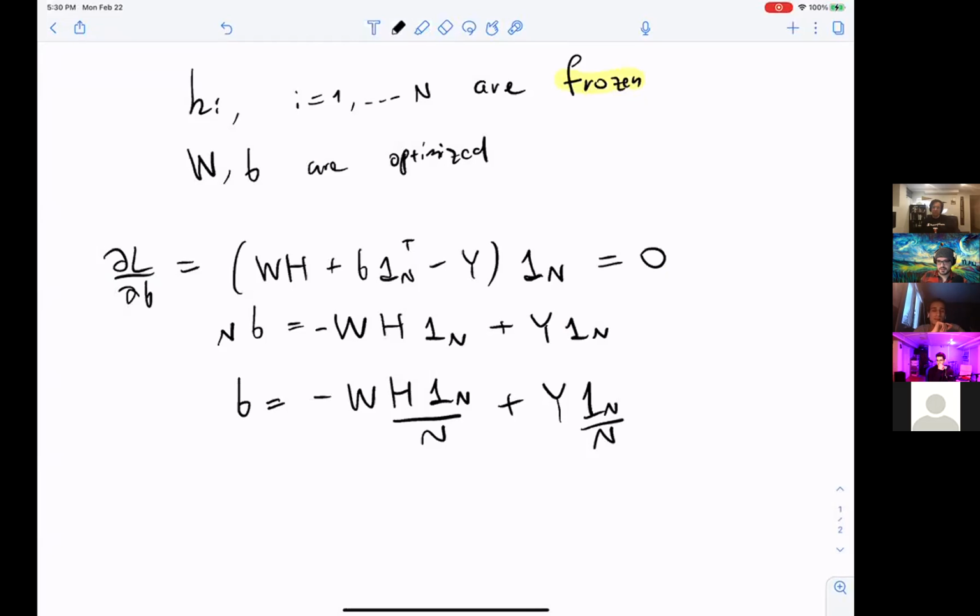A quantity that has appeared just a few minutes ago. Yeah, so the mean of the features appears here. Notice that if you do H multiplied by a ones vector divided by n, it's basically equal to the average over i of h_i, right? And here, when we do Y multiplied by 1, we get just the average over i of y_i, right?